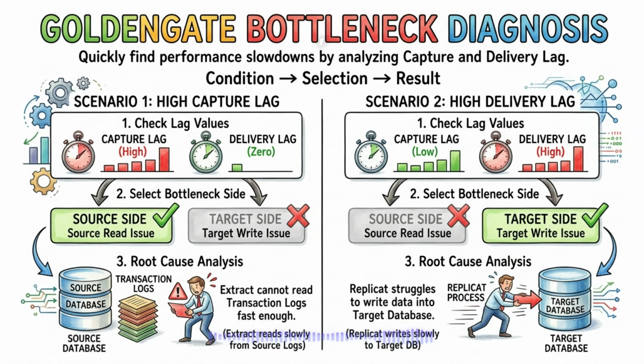Because GoldenGate only replicates committed data to ensure accuracy, the extract process must keep buffering those changes in memory, waiting indefinitely for the commit signal. You can use the info extract command with the showtrans option to instantly locate these long-running uncommitted transactions.